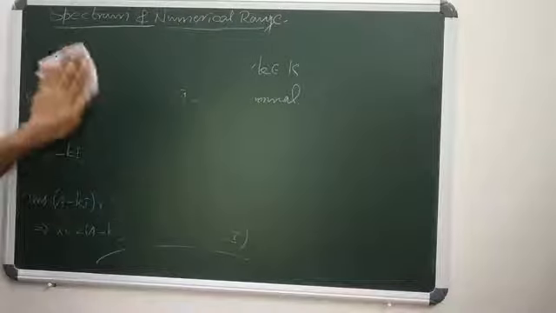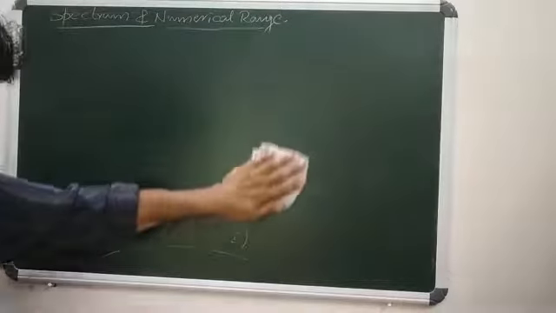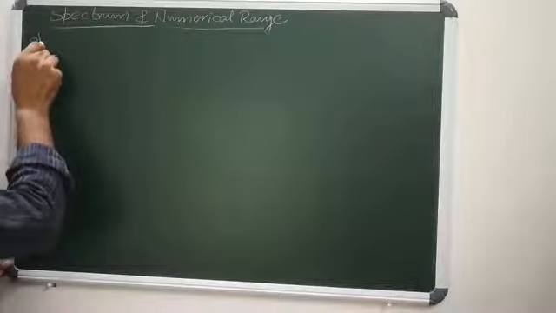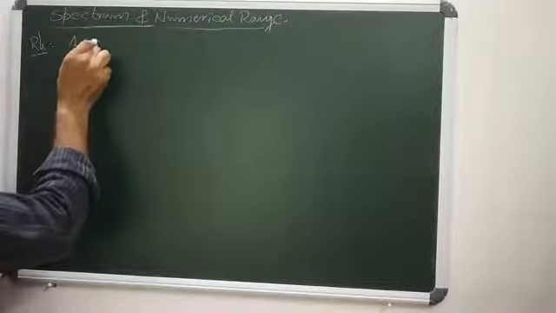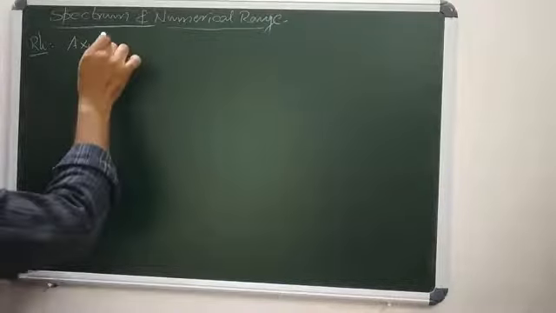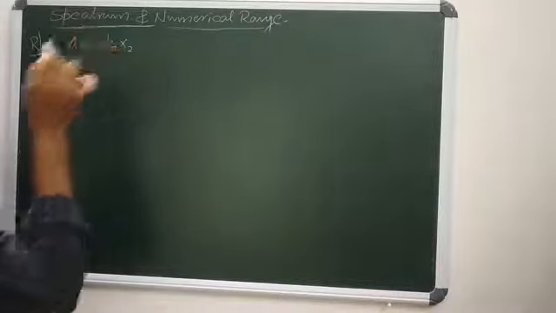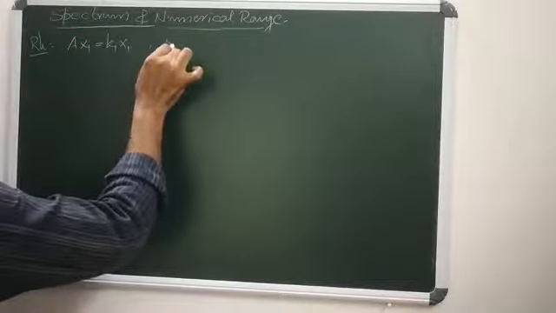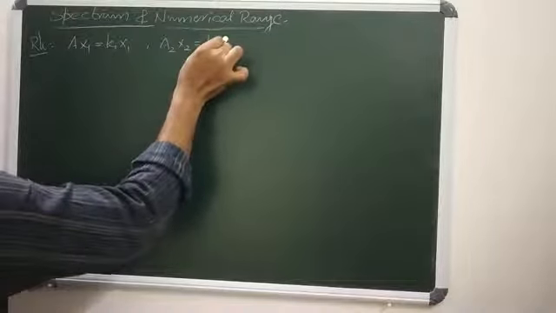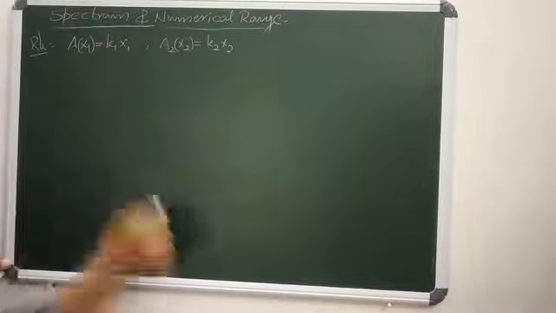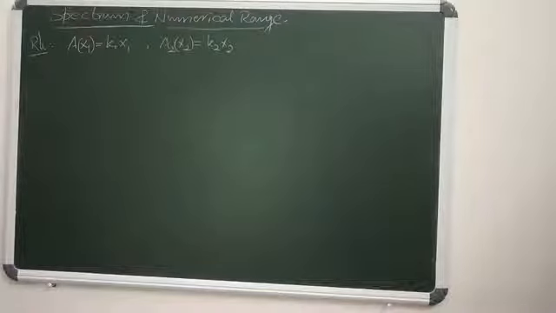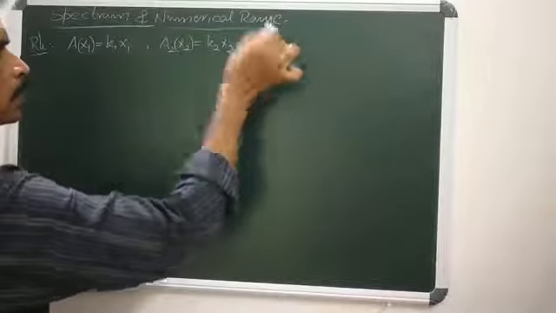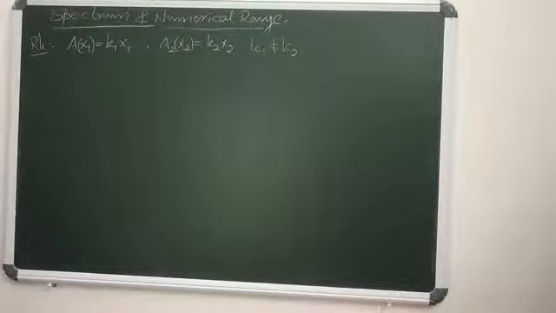Now we are going to another interesting result. Let A be a normal operator, and let Ax1 equals k1x1 and Ax2 equals k2x2, where k1 and k2 differ.